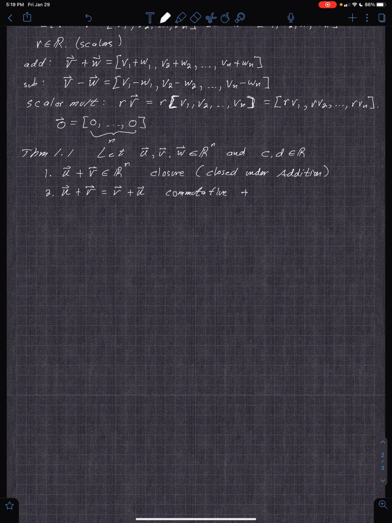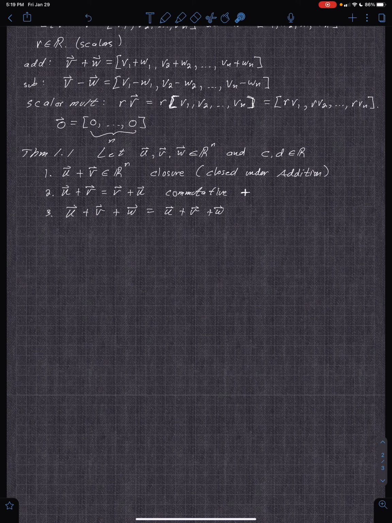For addition, I'll just abbreviate. 3 is associative, so U plus V plus W, U plus V plus W. When you add those up, it's called a binary operation.